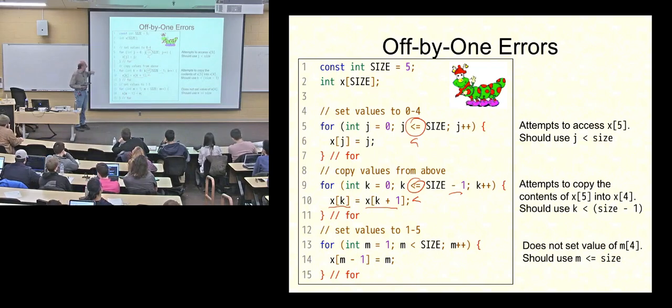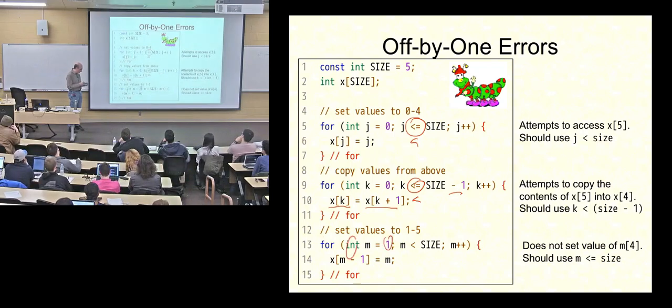We need less than and size minus 1. For the last one down here, I'm trying to set an element equal to the one that follows it, but by doing minus 1 on the front end instead of plus 1 on the back end, this one will actually leave one of them undone. We start at 1, but then this one actually should be less than or equal to size.